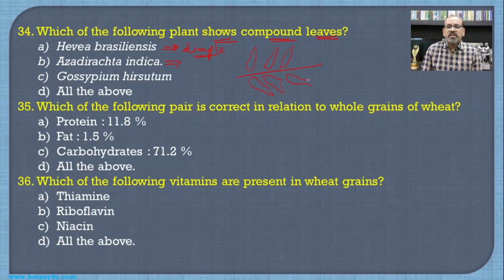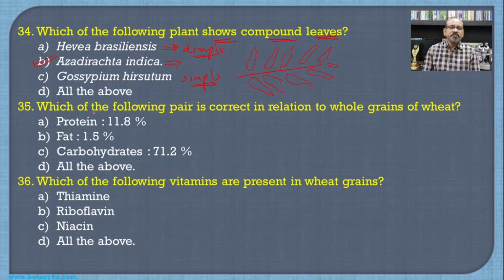If such leaflets are there, it means that this leaf is a compound leaf. So the compound leaf is present in Azadirachta, the neem plant, while Gossypium hirsutum again has simple leaves, and hence our answer becomes Azadirachta indica, that is the neem plant.